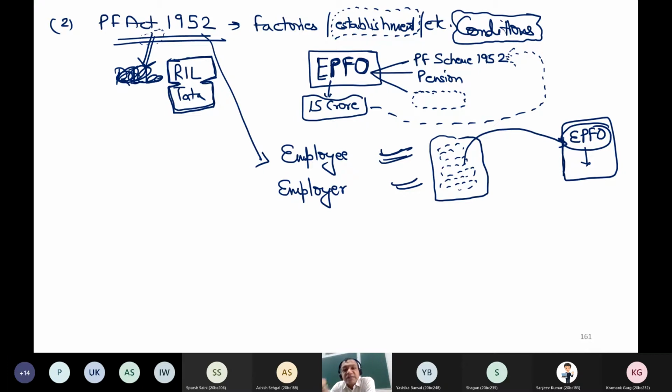This organization is currently running 3 different schemes. One is known as the PF Pension Scheme 1952, another is pension, and the third is also a name which I have forgotten. For our course, only the first one is relevant.